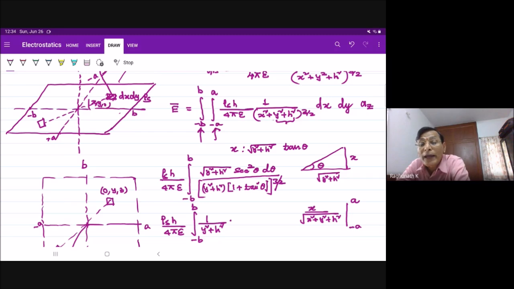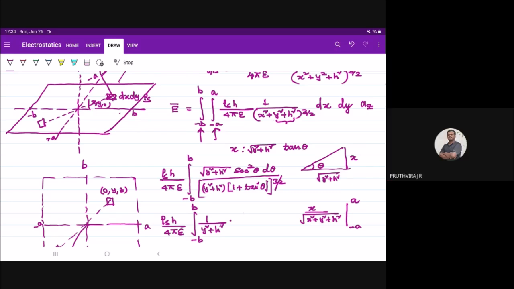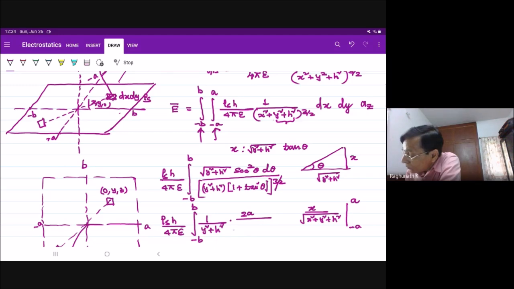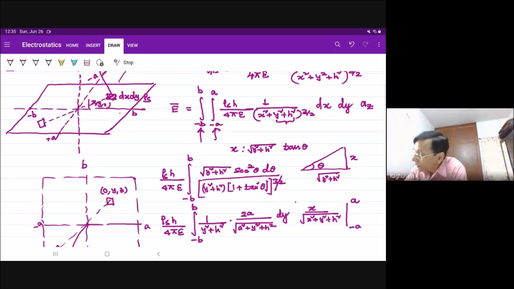It is 2a by root of a square plus y square plus h square, dy. This is for the sin theta integral.